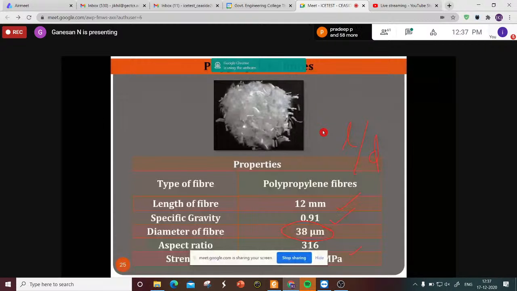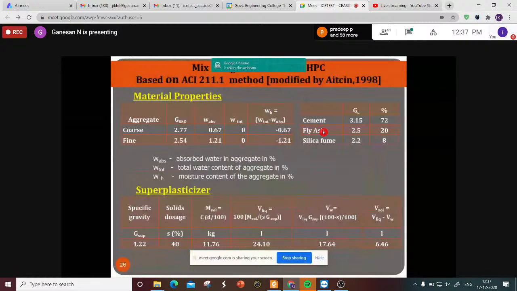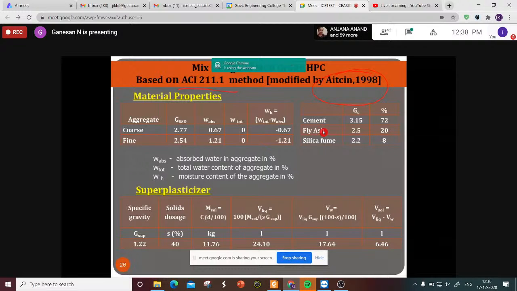The mix design was done as per the method proposed by Professor Aitken. This is based on American Concrete Institute ACI 211.1 modified by Professor Aitken, and he has given a procedure. Based on the procedure, the mix design was done and the quantities of materials have been obtained.